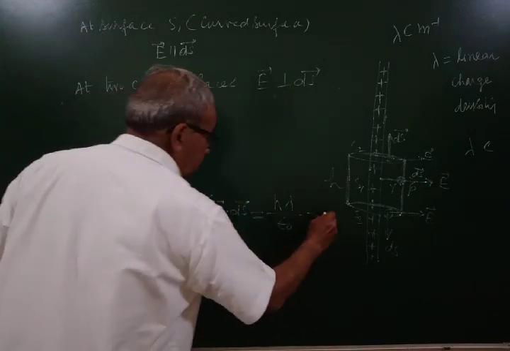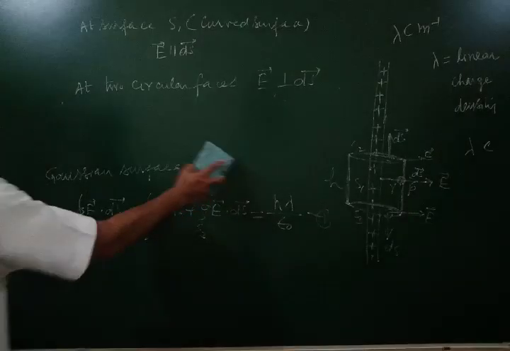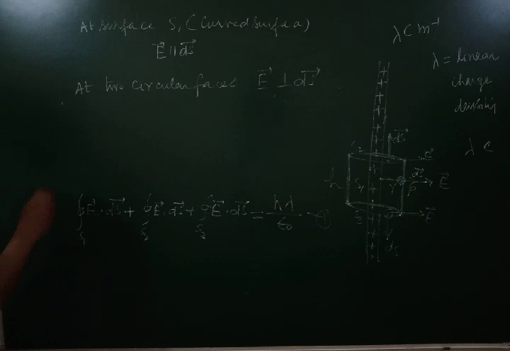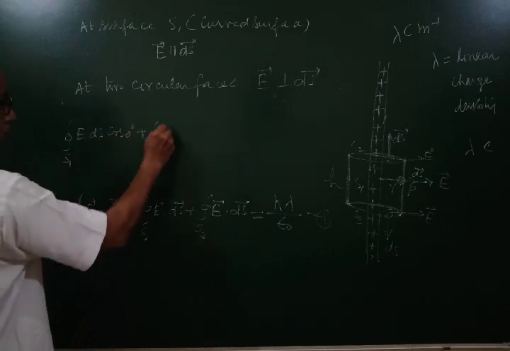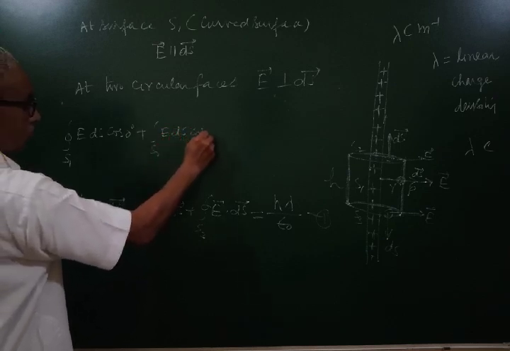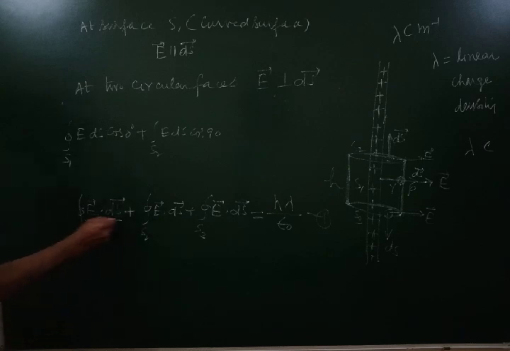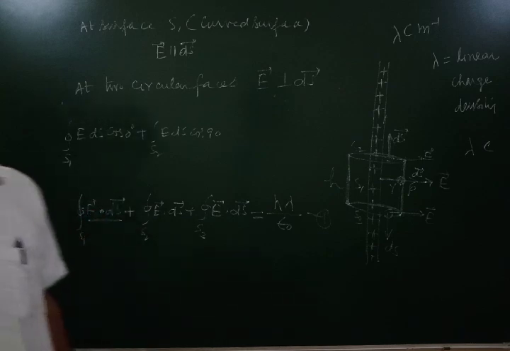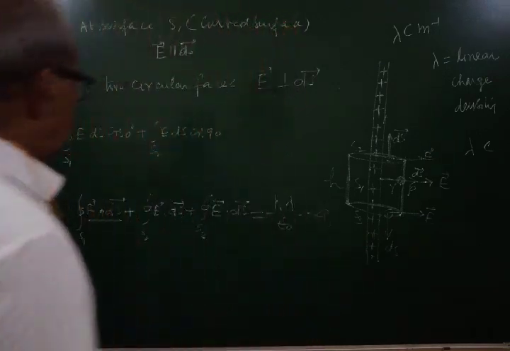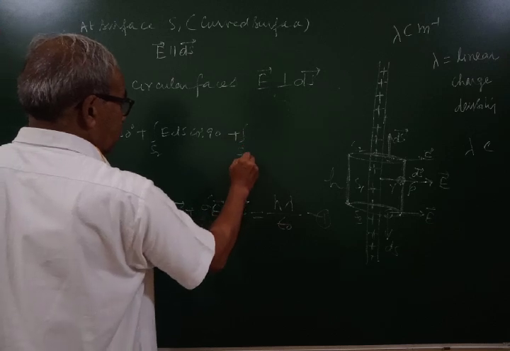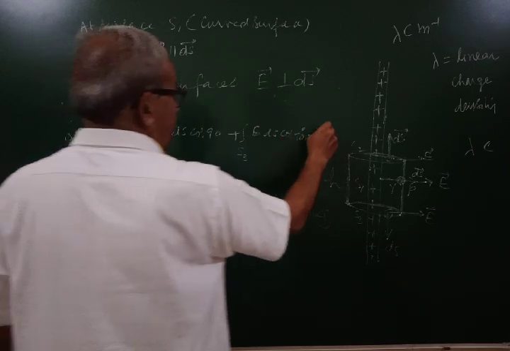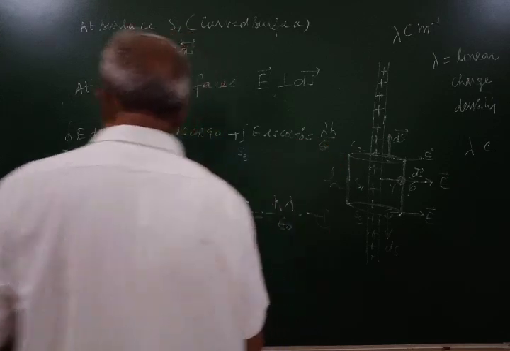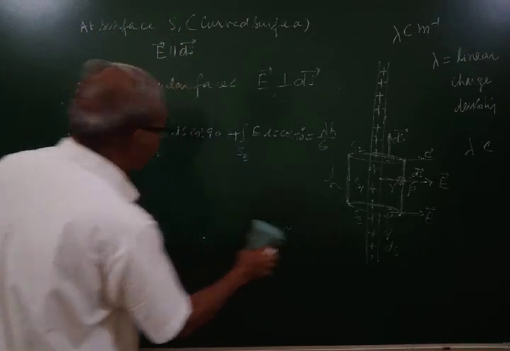So equation 1 reduces to the integral over S1 of E ds cos 0, plus S2, E ds cos 90, plus S3, E ds cos 90, equal to lambda h upon epsilon 0. The cos has come because this is a dot product: A dot B equals A B cos theta. Remember the dot product. Cos 0 is 1, cos 90 is 0.